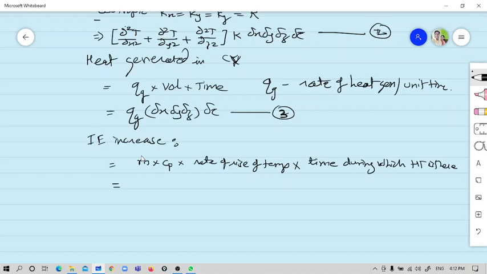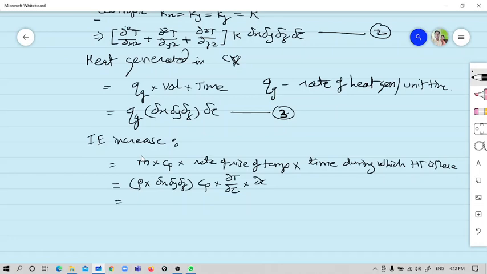So this will be equal to, mass is nothing but density of that material, which we consider as rho, into the volume of that controlled element, delta x delta y into delta z. This is the mass, into Cp of that element, into the rate of rise of temperature, which is dT by d tau, into the time during which heat transfer takes place, which is delta tau.